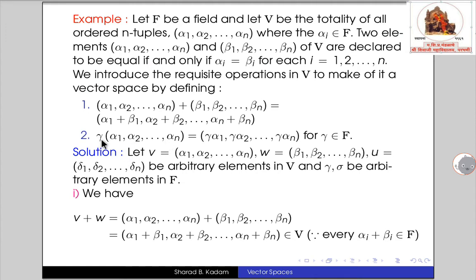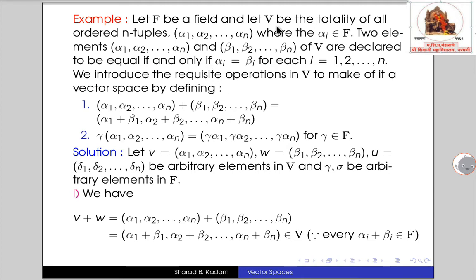So we multiply gamma with each component: gamma into alpha 1 comma gamma into alpha 2 and so on, gamma into alpha n, for gamma in the field F. Gamma is a scalar. So we will show that this set V of all ordered n-tuples forms a vector space over the field F.